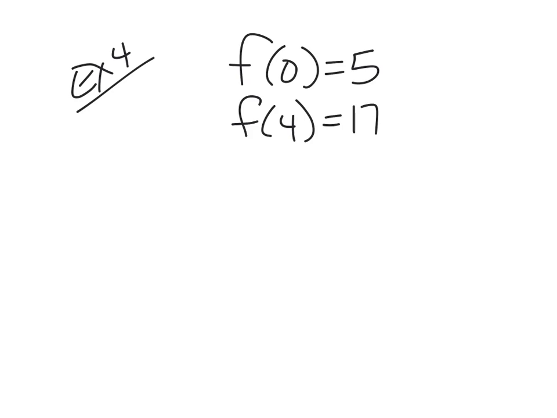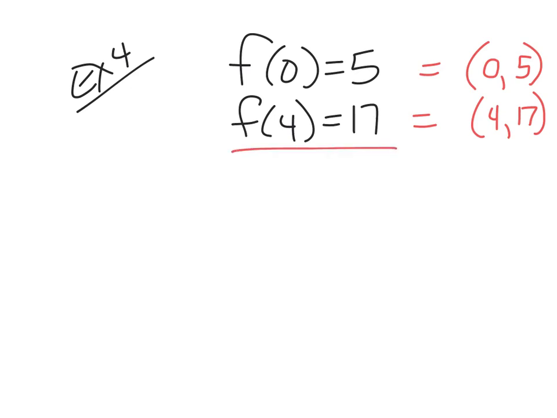Okay, when you have a number in the parentheses, f of whatever, what is that usually saying? F of x. So I could write this as 2 points, right? X is 0, whereas y is 5. Here, x is 4, and the y is 17.